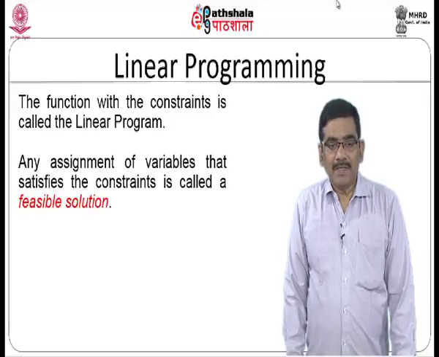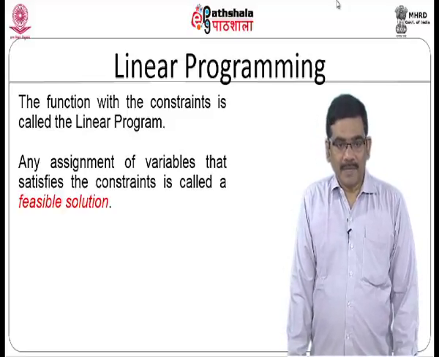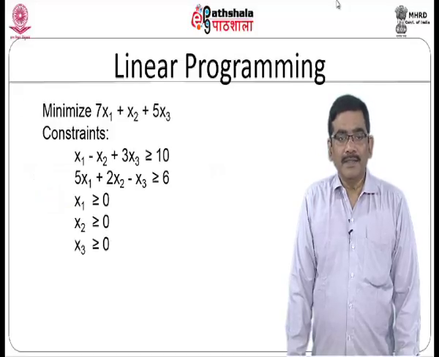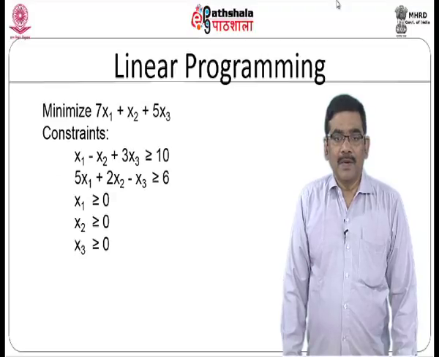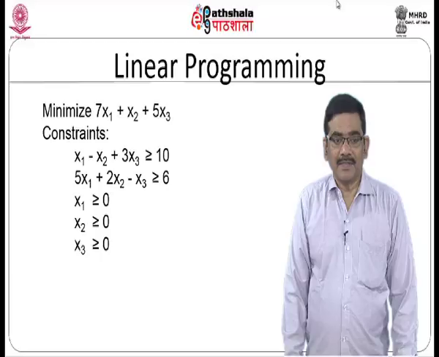Any assignment of the variables that satisfies the constraints is called a feasible solution. Linear programming guarantees the optimal solution of the given problem most of the time. This is a template of a linear programming problem, where you can see you have an objective function 7x1 plus x2 plus 5x3.